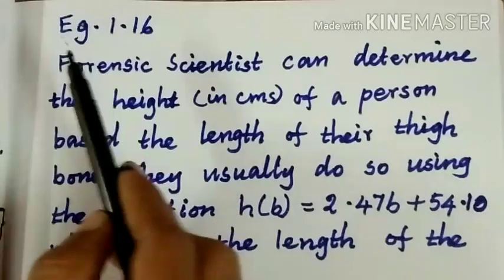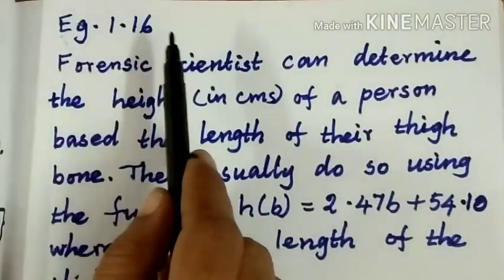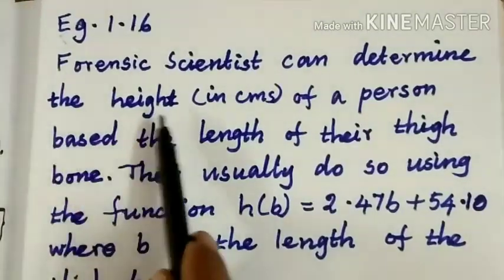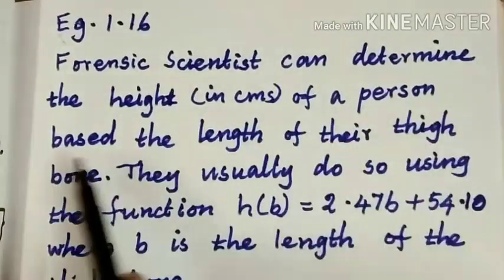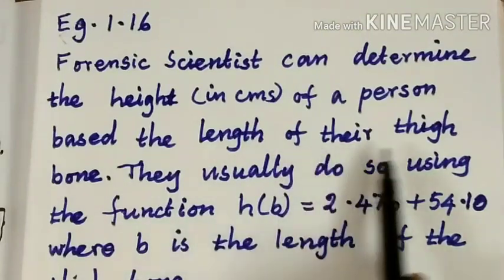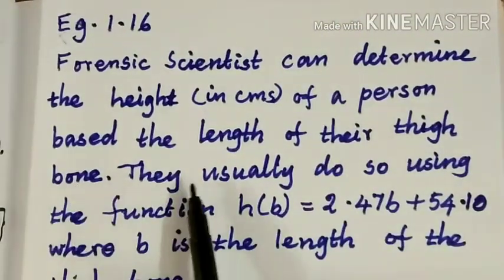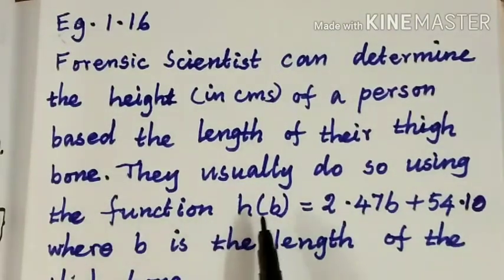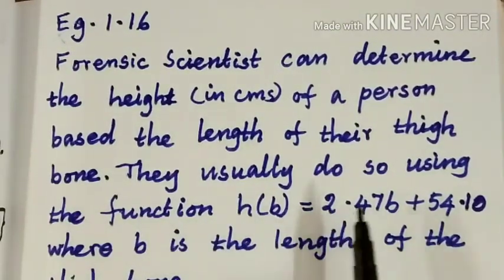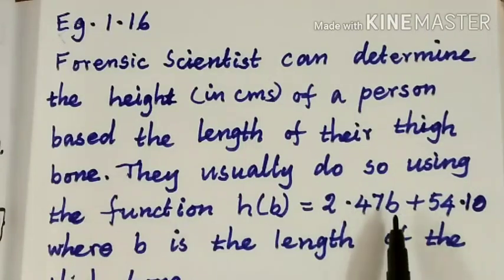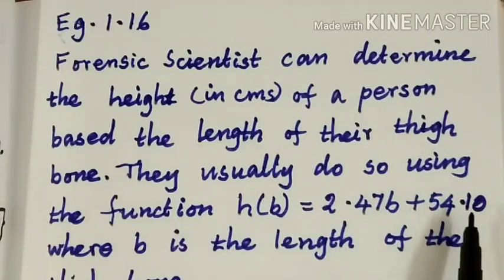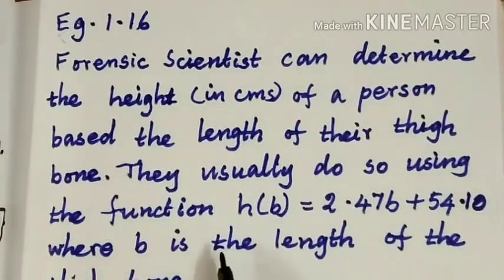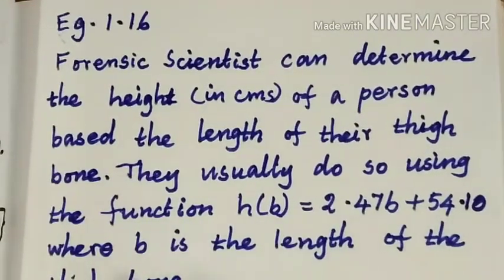Now we see the next example 1.16. Forensic scientists can determine the height in centimeter of a person based on the length of their thigh bone. They usually do so using the function h of b equal to 2.47b plus 54.10, where b is the length of the thigh bone.